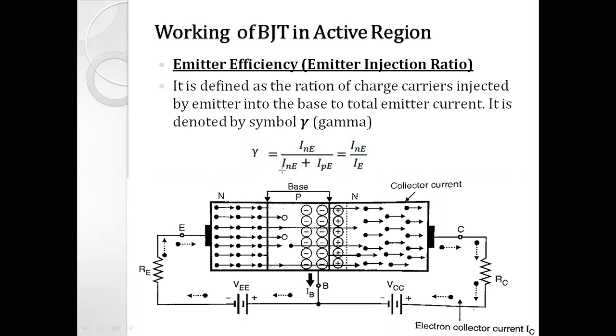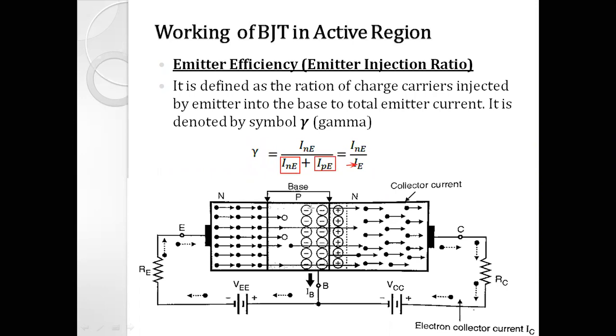So the current due to this movement of electrons is INE, and this emitter region has minority carrier holes, and because of the movement of the holes, the resulting current is referred to as IPE. So the total emitter current is given by INE plus IPE.